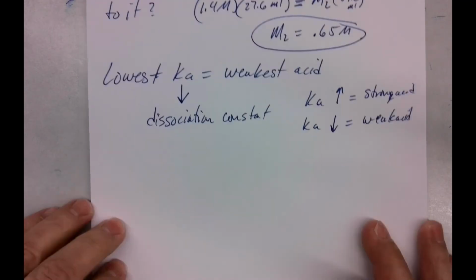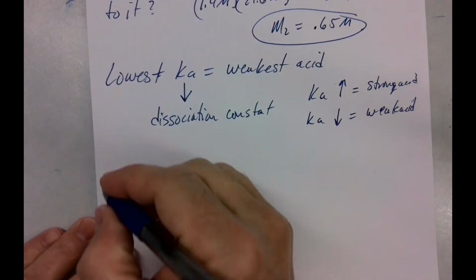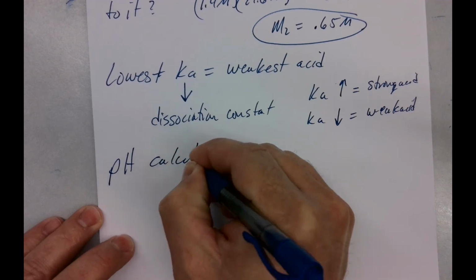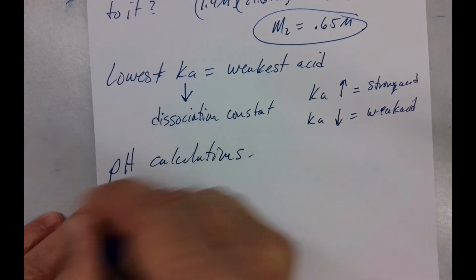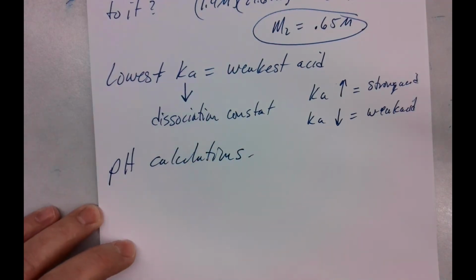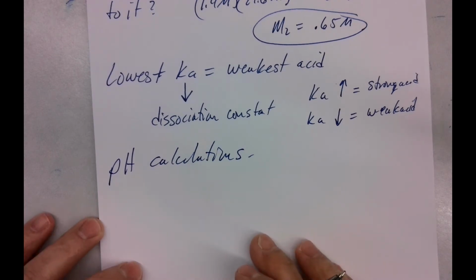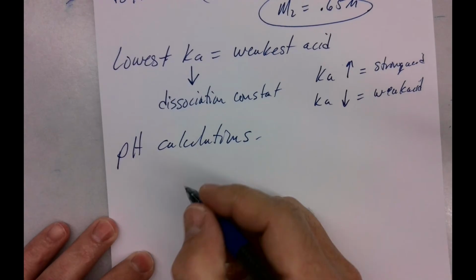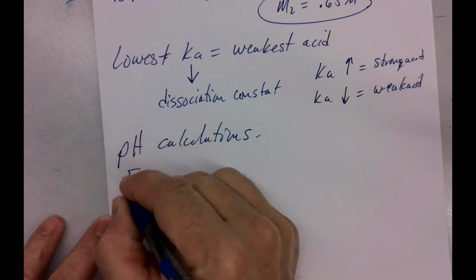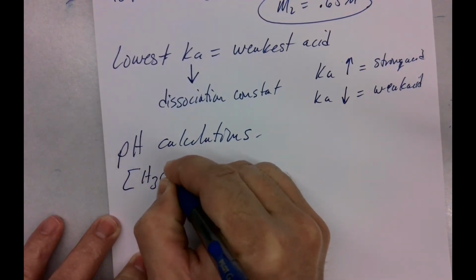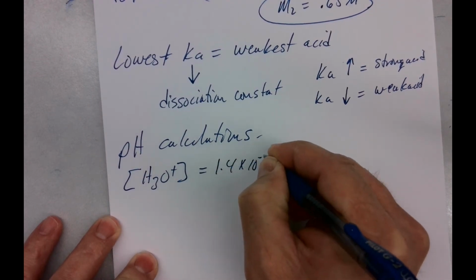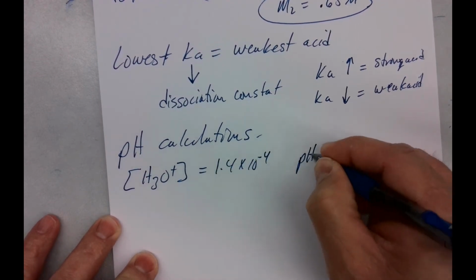Alrighty, now along those same lines, we need to know pH calculations, which again is number 2 from last night. If I give you an H3O positive of 1.4 times 10 to the negative 4th, could you calculate the pH?